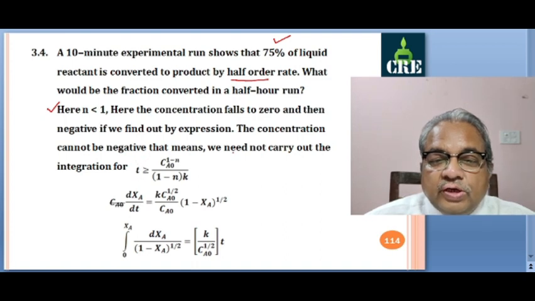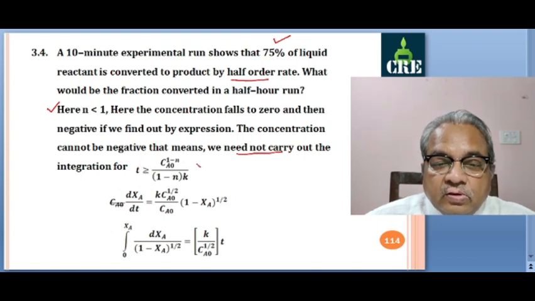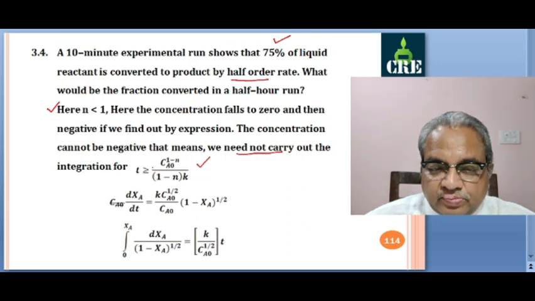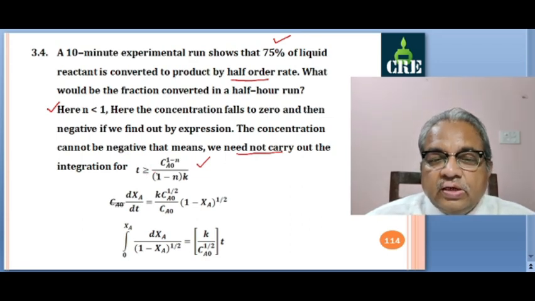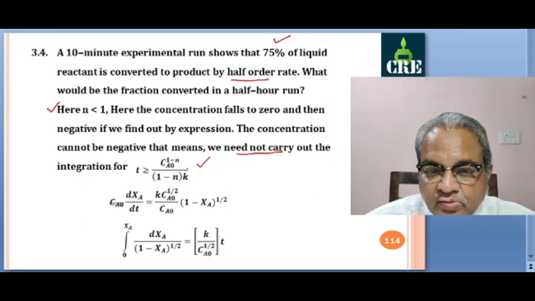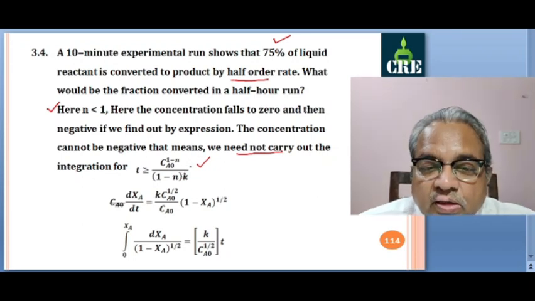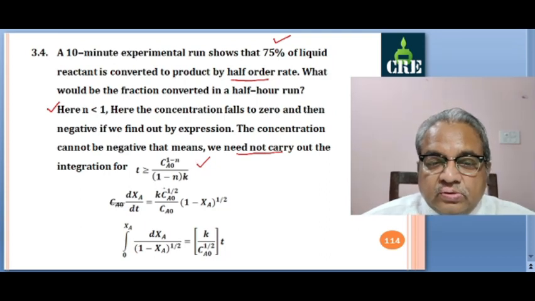So we need not carry out the integration for t greater than this particular value. This we have seen in the derivation. At t equal to this, concentration will be 0 and conversion will be 1. Beyond that, for t greater than this particular value, the concentration term you will get negative if you calculate by mathematical expression, and conversion will be greater than 1. Both are absurd results, not possible.